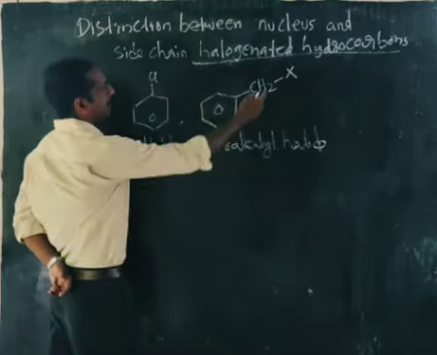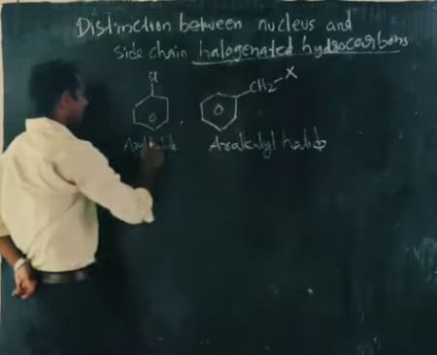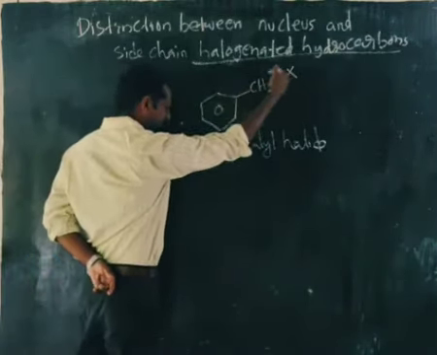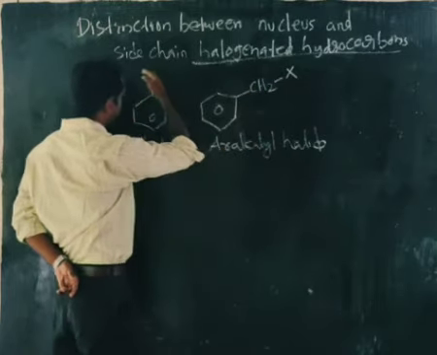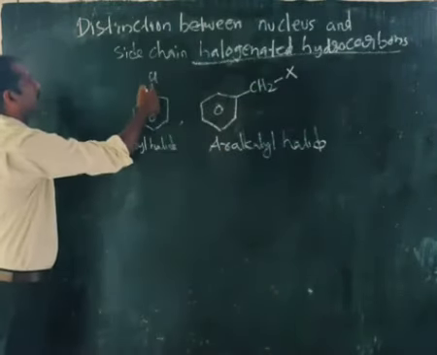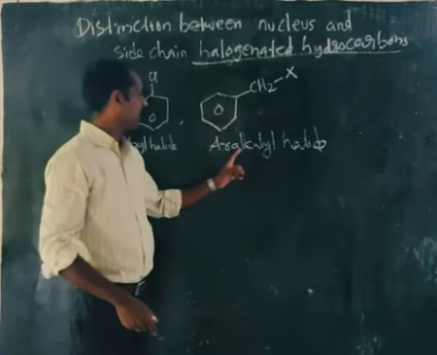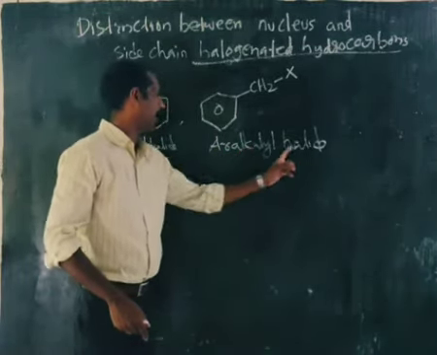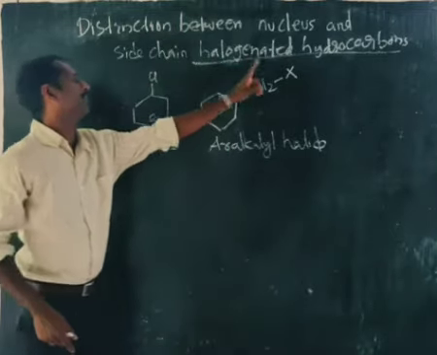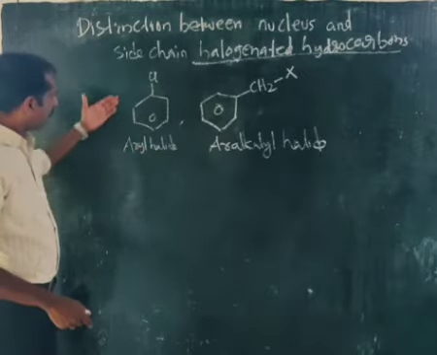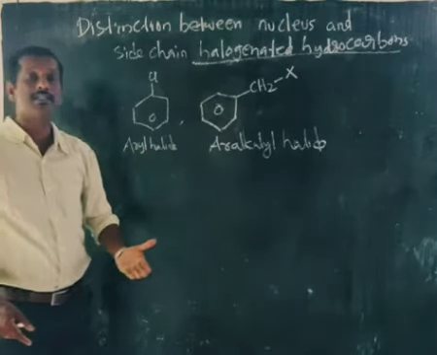Alkyl halide means the halogen atom is in the side chain, and aryl halide means the halogen atom is directly attached to the nucleus. So this is aryl halide, and this is alkyl halide, with the halogen atom in the side chain.